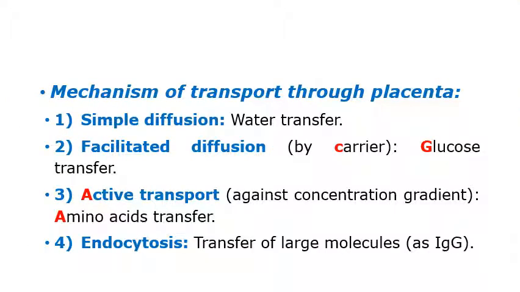The mechanism of transport through the placenta is either simple diffusion as in water transfer, facilitated diffusion by carrier as in glucose transfer, active transport in amino acid transfer, and endocytosis to transfer large molecules like IgG.